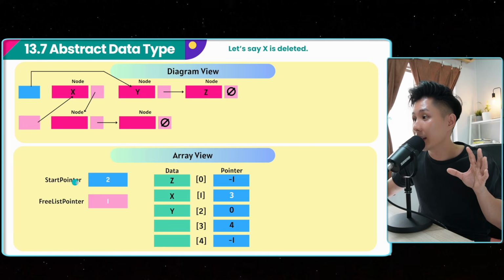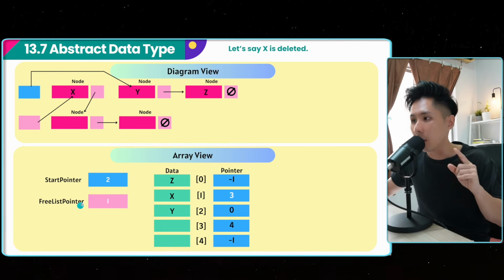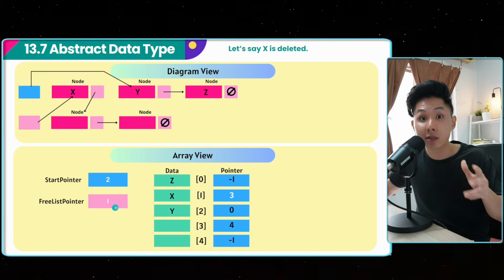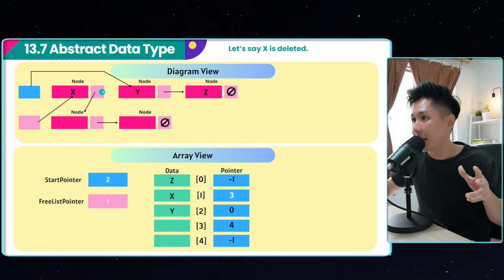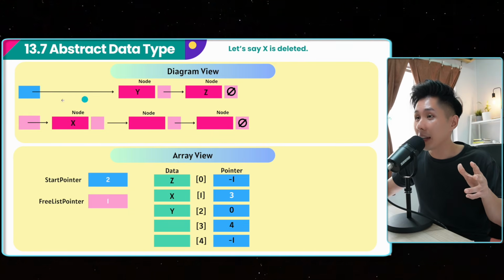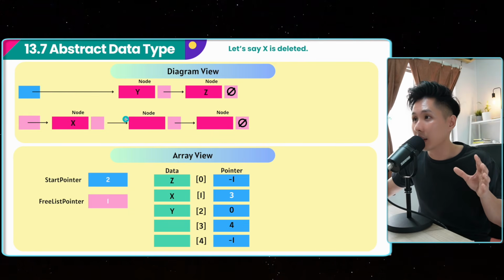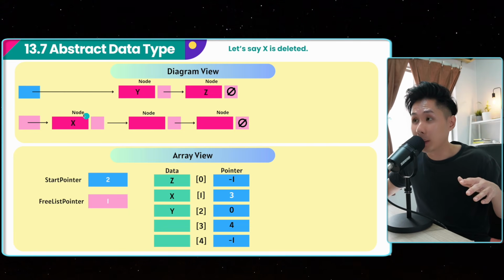So the start pointer will now point at Y because X is deleted, and then I will let the free list pointer point at the node that has just been deleted, which is X, and X will point at 3 instead. If we look now, you can see that the free list pointer is pointing at a node that is freely available because no one is pointing at it.